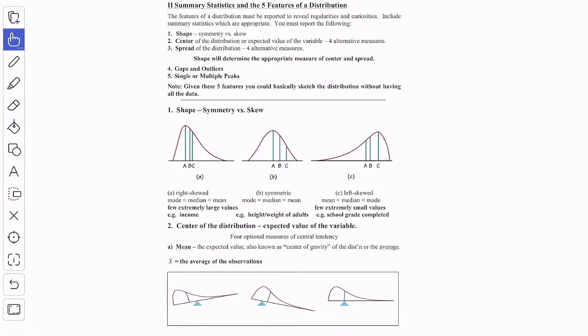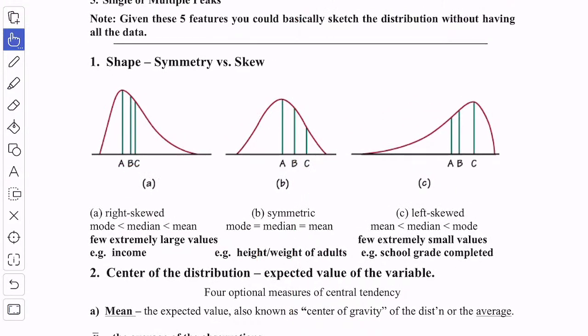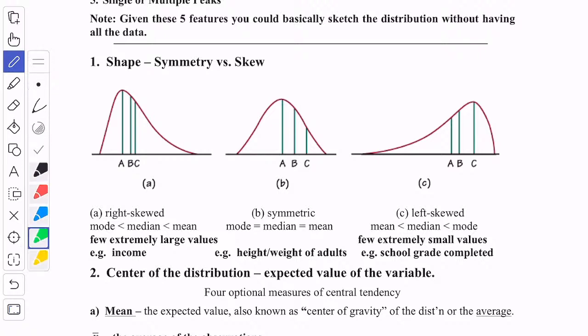So let's see. Here in the notes are symmetric, right skewed, the one like we have, and left skewed. It turns out that we'll refer to the modal class. The modal class is easy to see. The modal class is here.